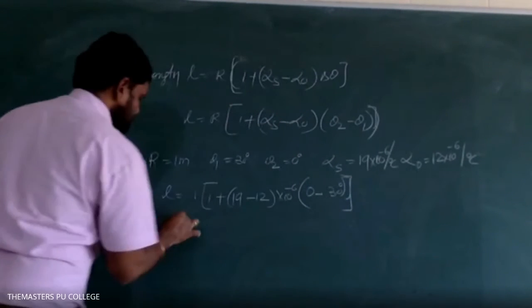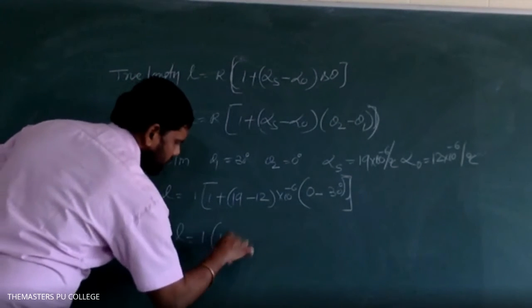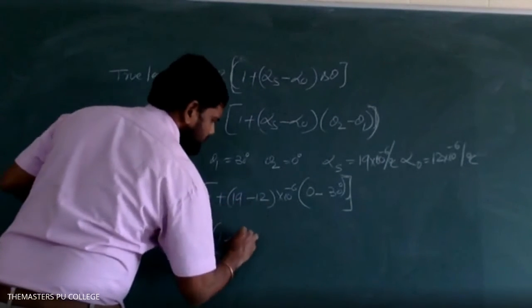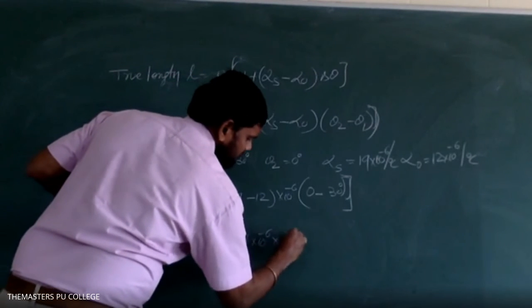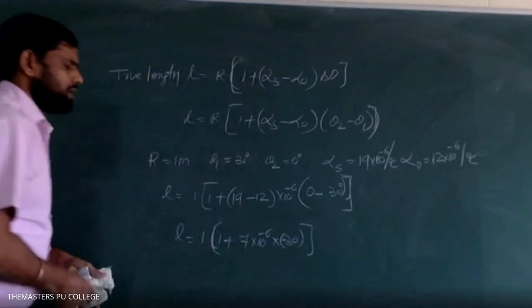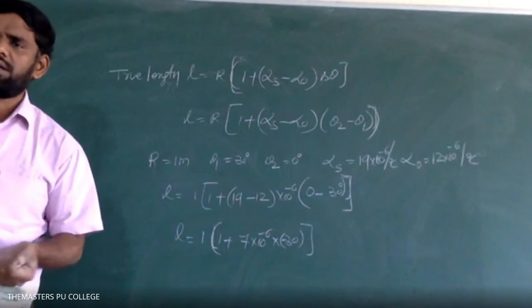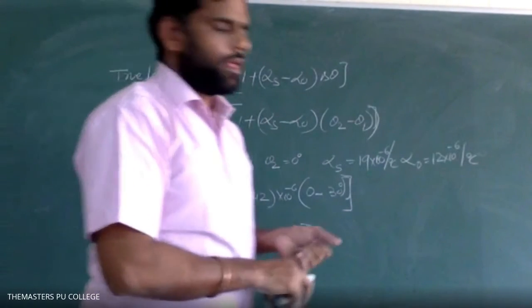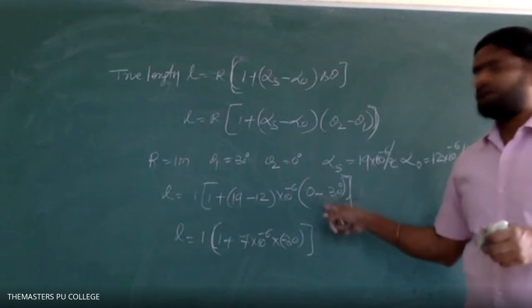Therefore L equals 1 into 1 plus 19 minus 12, that is 7, into 10 to the power of minus 6 into 0 minus 30. Then you can calculate this value and you will get the answer. Calculate the value. Here the temperature is dropped, that's why I have taken minus.